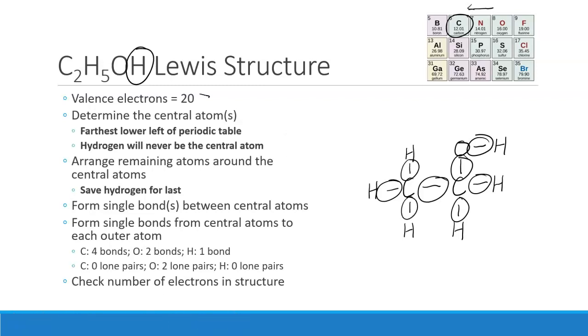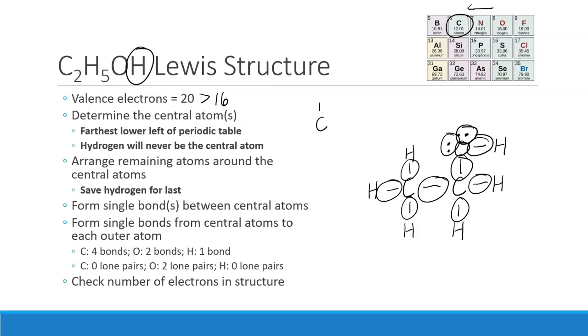So we've used up 16, which is less than that 20 by about 4 electrons. And if you think about the lone pairs, well, carbon and hydrogen should have 0 lone pairs, but oxygen typically has 2 lone pairs. So that accounts for the additional 4 electrons. And then that becomes our final structure where we've used up 16, 18, 20 total electrons.